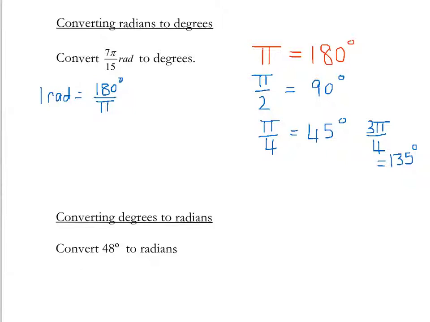That's what we're saying there. So we can actually convert 7 pi by 15 rad by doing 7 pi over 15 multiplied by 180 degrees over pi. And that works out to be 84 degrees. You can see that at example 1, and it's on page 253.